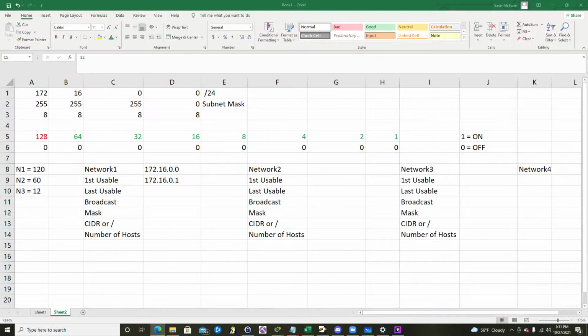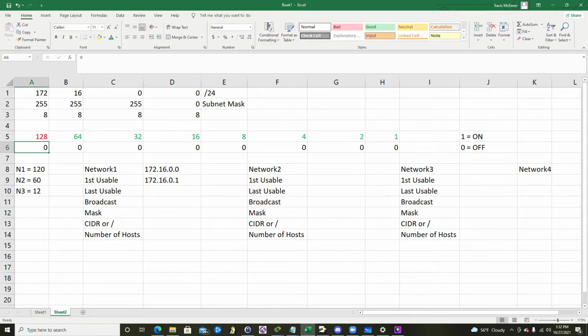So what we're going to do is go through this and say, okay, which bit is this line that we've set up defines which bits are turned on and which bits are turned off.